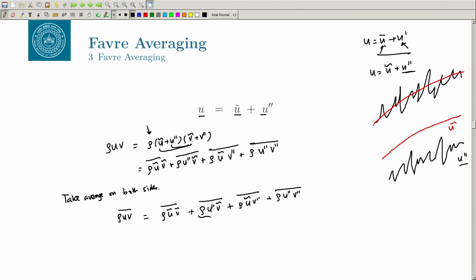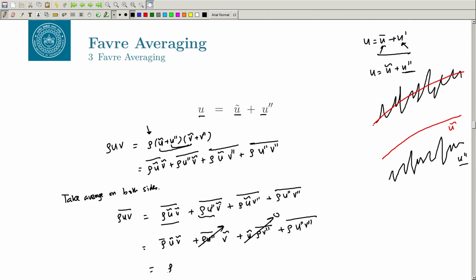So, you can see that this is v tilde, you can take that out. This is v tilde rho u double prime bar, right, and similarly you can take that out as u tilde rho v double prime bar, and this you can write as rho bar u tilde v tilde, and then it will become rho u double prime v double prime bar, right. So, this term will go to 0 and this term will go to 0, right.